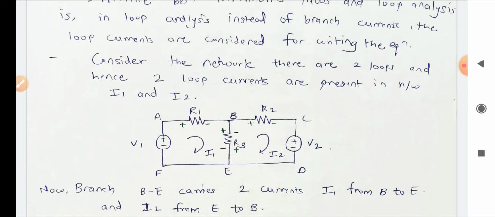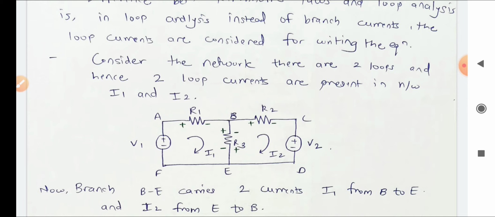So this means that for loop analysis, that branch may carry more than one current, but for Kirchhoff's law, each branch carries only one current. And this method is mainly used to find the current in circuits which have many nodes and loops.